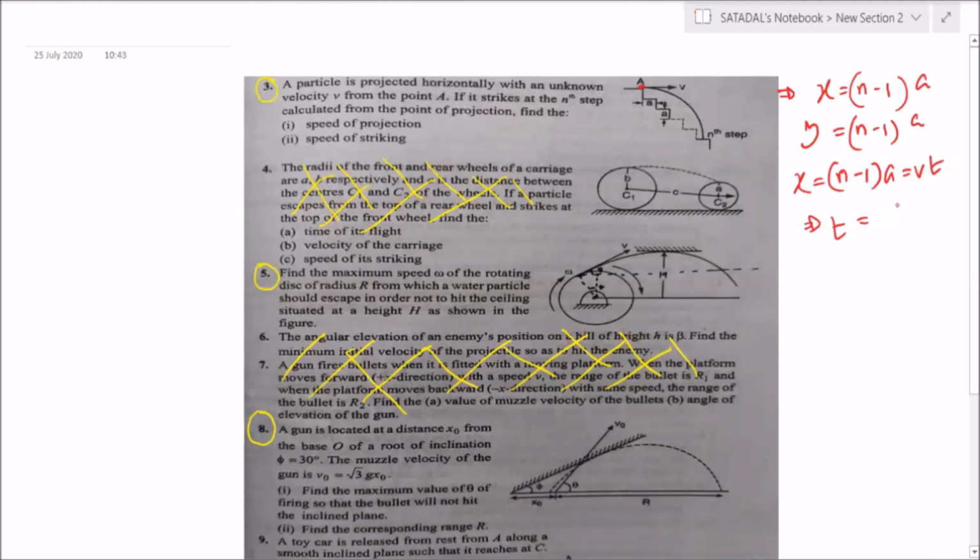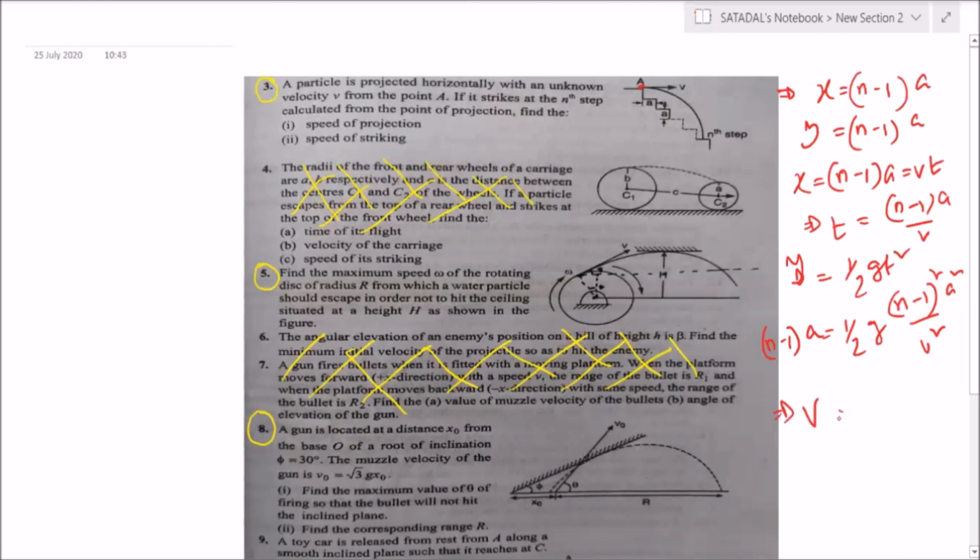So t is equal to (n minus 1) into a by v, and y is equal to half g t square.